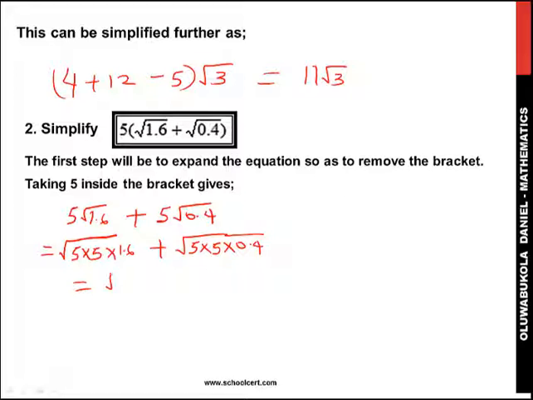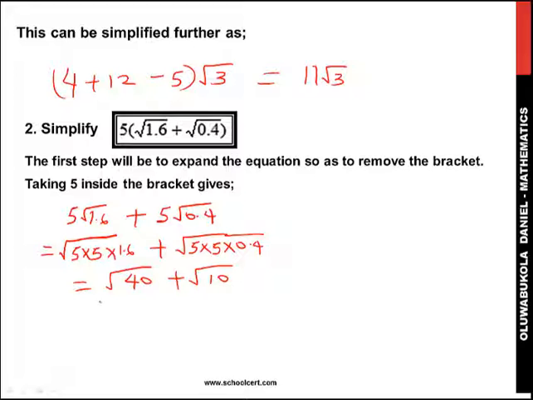gives root of 40 plus root of 10. So we can still do a bit of simplification at this point in time to see if they have the same basic form. If you look at the prime factors for 10, it's just 2 and 5, so we cannot reduce that further.